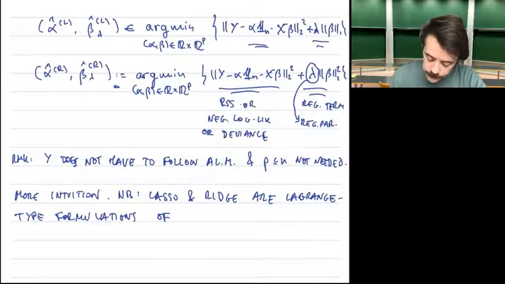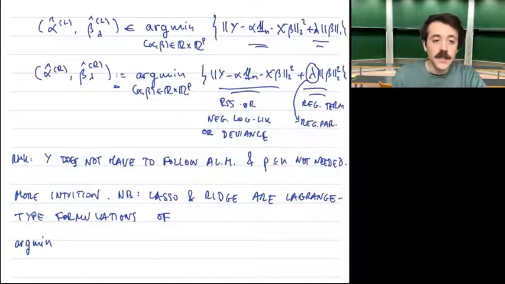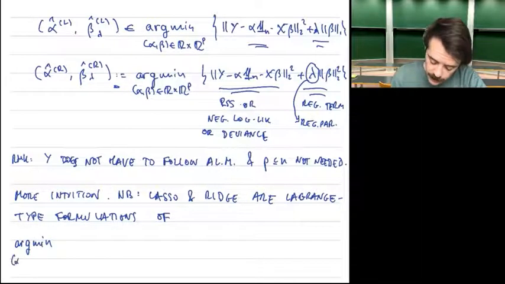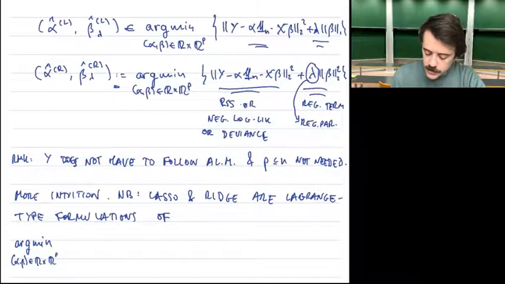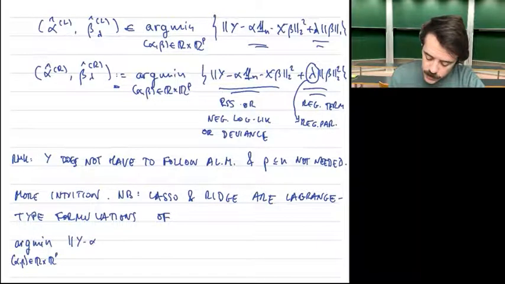So we have the argmin, again over the alpha, beta combination in this product space, of the residual sum of squares, of course.